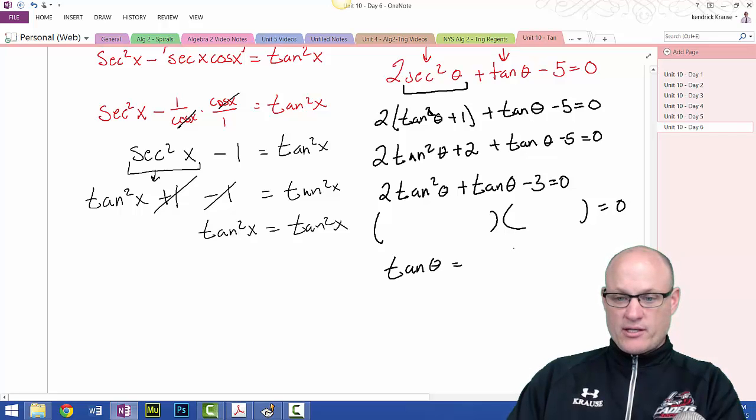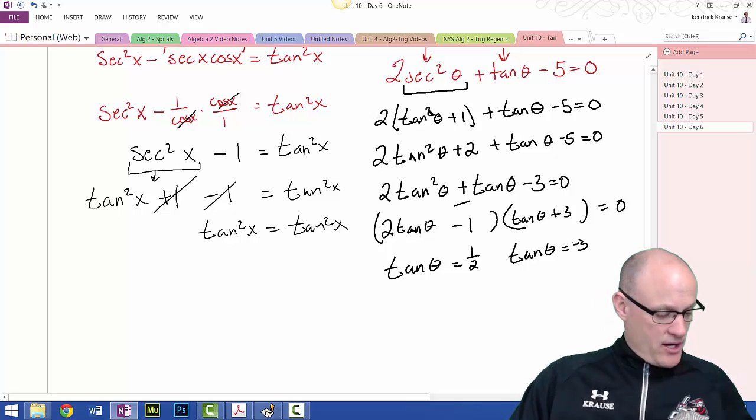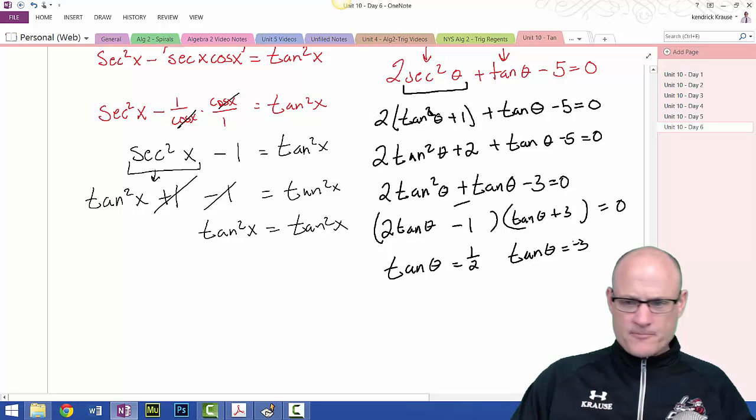I know this is 2 tan theta, and this is tan theta. I could use menu 331, but I'm not going to. They've got to add up to +1, so this is +3, and this is -1. So this gives me tan theta equals 1/2, which I have no idea when that equals, and tan theta equals -3. I also have no idea when that's equal to.